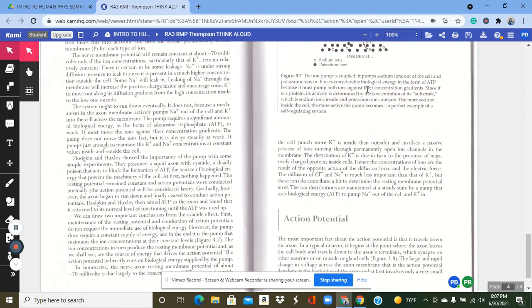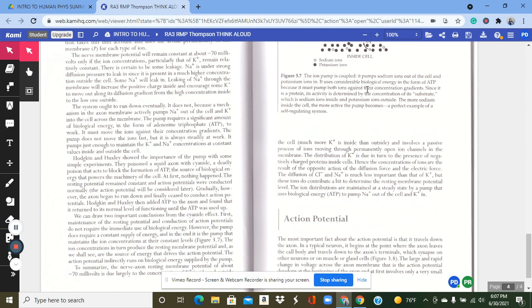So the distribution of potassium is due in turn to the presence of negatively charged proteins inside cells. Hence, the concentrations of ions are the result of the opposite action of the diffusion force and the electric force.